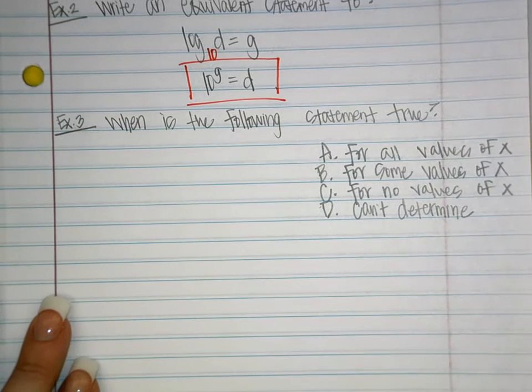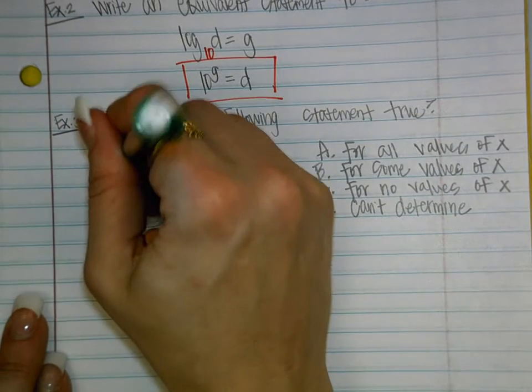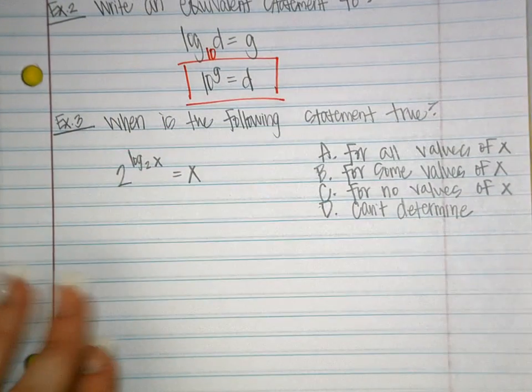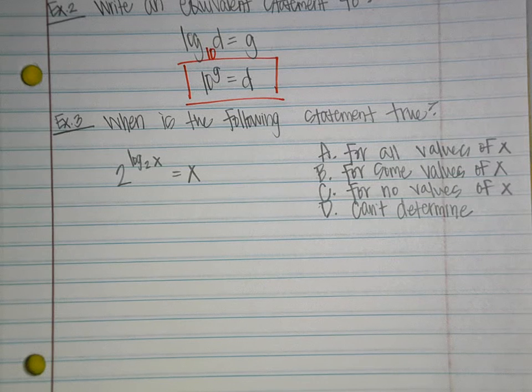So when is the following statement true? That 2 to the power of log base 2 of x equals x. Is that always true, sometimes true, never true, or can't determine because there's not enough information?